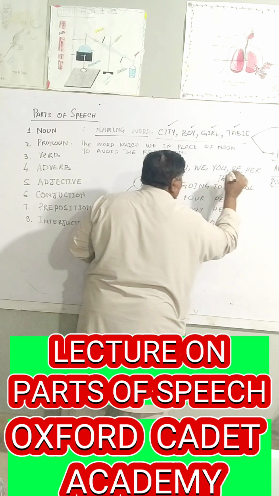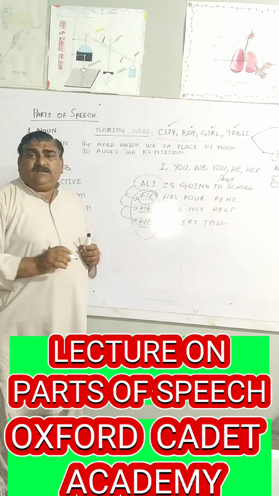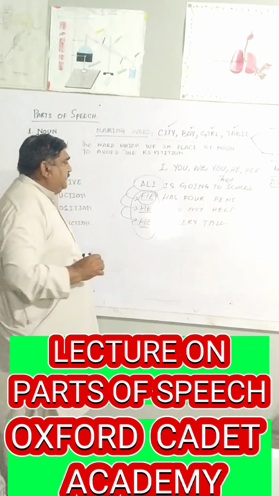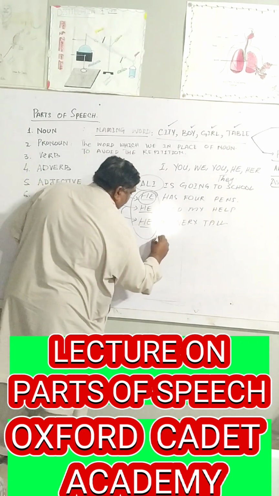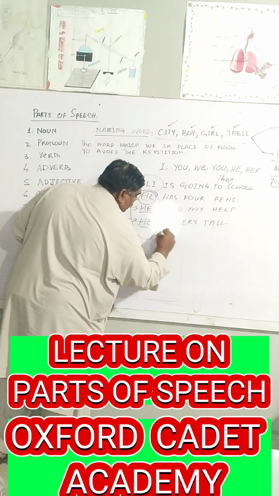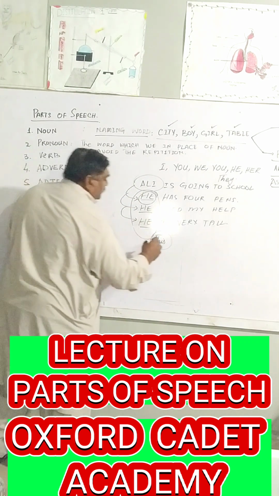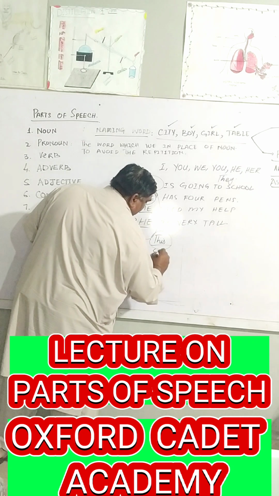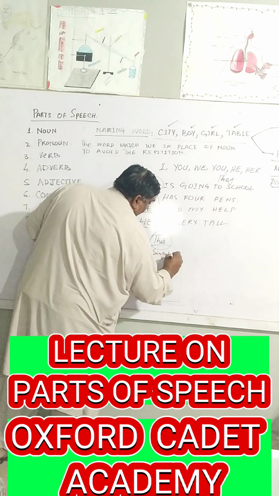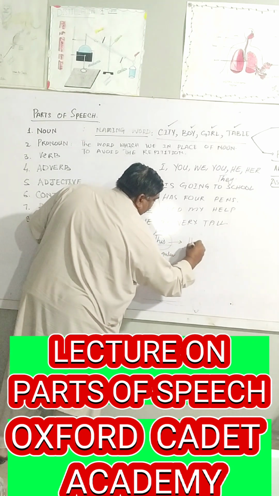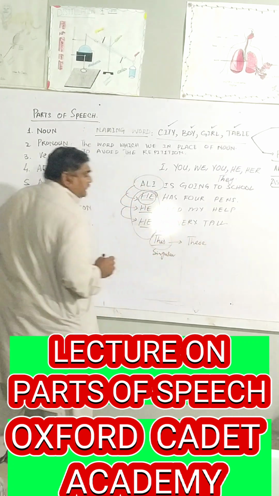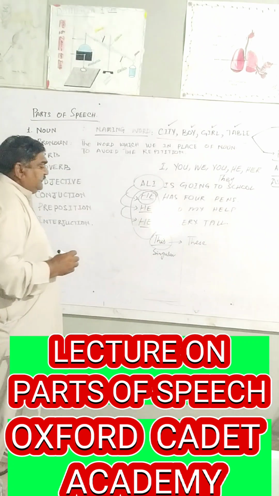But there are also some pronouns which we use in our language, like this. This is also a pronoun. It's singular, but when we use it in plural, it will be these.